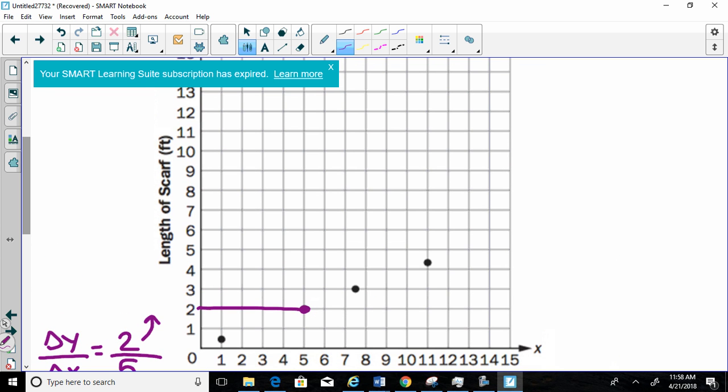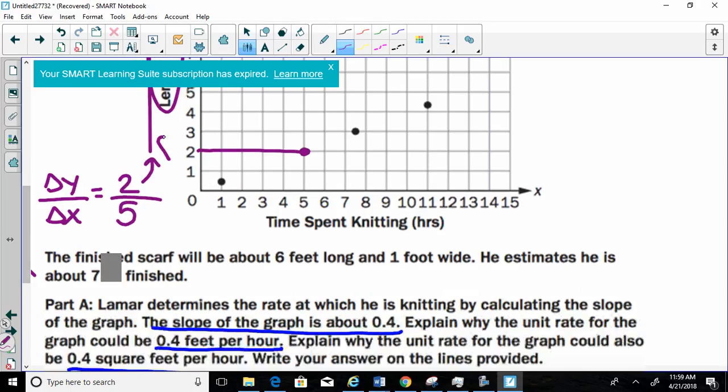See how it tells you the length, but you need to know the length of the scarf in feet. So it's 2 feet per every 5 what? Hours, right? And so they're talking about the length here. So how can I find the unit rate? You just divide them.